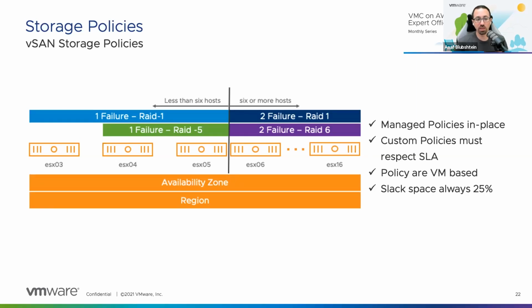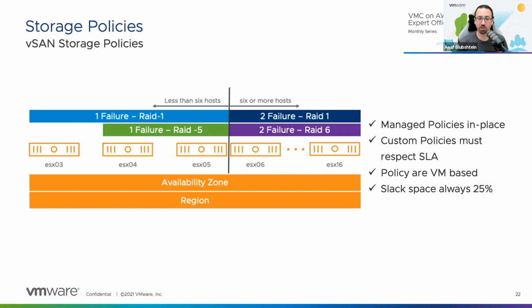So if we have less than 6 hosts in an individual cluster, and remember, this is something that you can mix. You can have one cluster of more than 6 hosts and then another cluster in the same SDDC with fewer than 6 hosts. We are required to maintain at a minimum an FTT of 1.